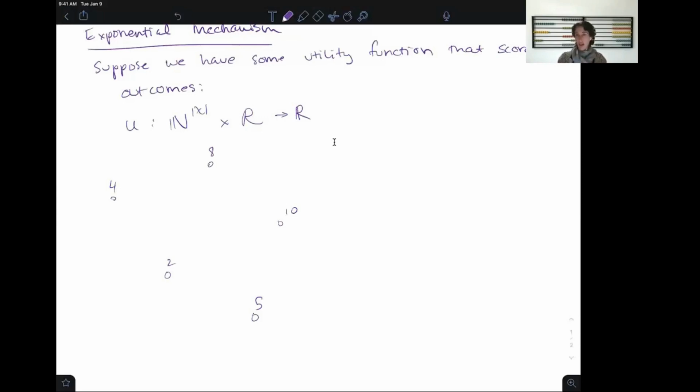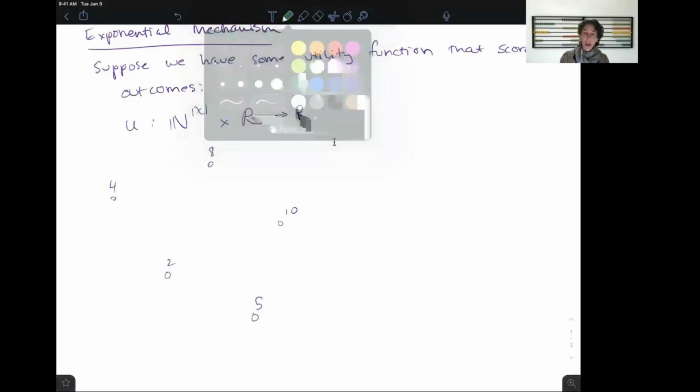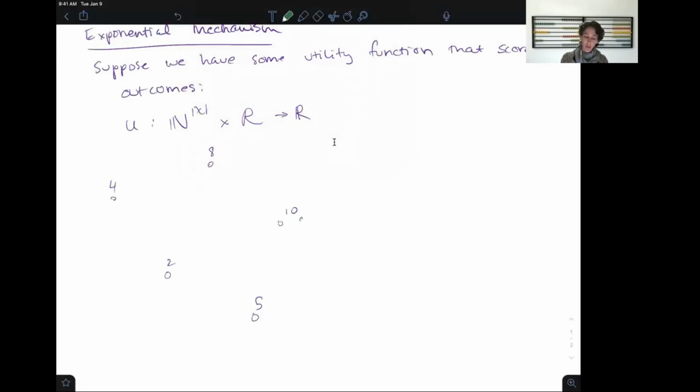These are the qualities that were induced by one database. But if we look at a neighboring database, maybe the qualities would have been slightly different. Maybe this one actually didn't look as good. And so we would like these slightly different scores on the outcomes to induce similar distributions over the outcome that we pick.